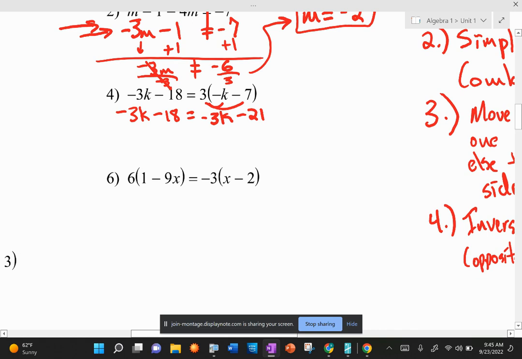What's the opposite of negative 3k? Positive 3k. Positive 3k. That should be k. What happens to the 3k on the left? Cancels out. I'll bring down the negative 18. Equals. What happens to the 3k on the right? It cancels. Bring down the negative 21.